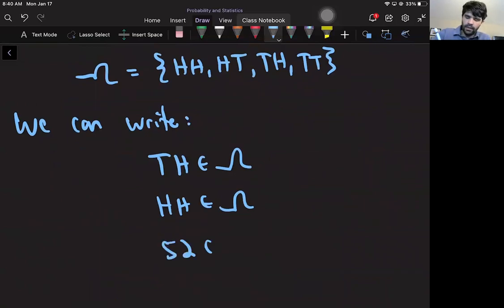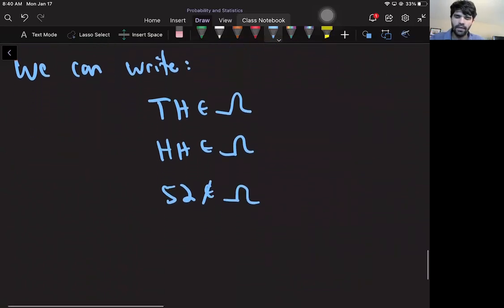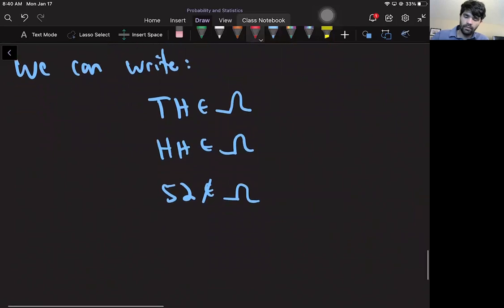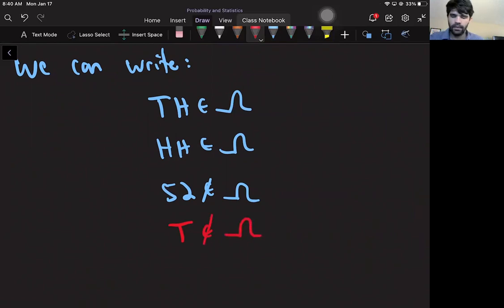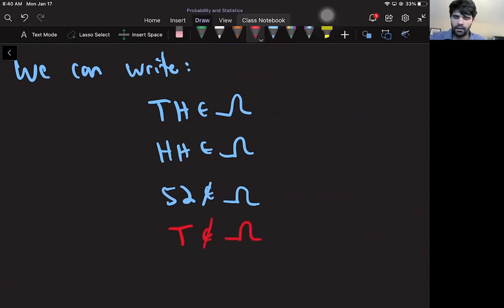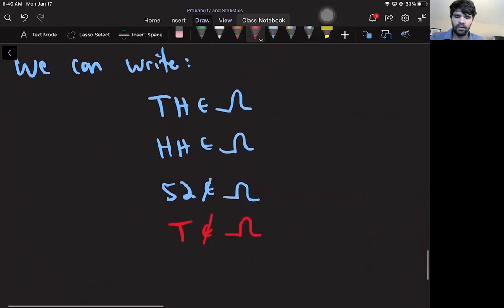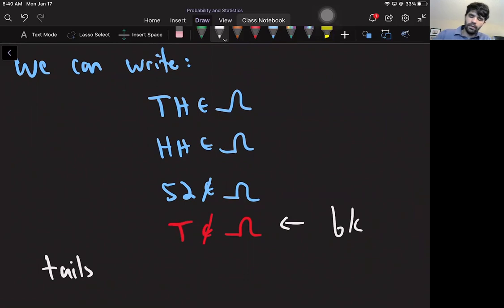I don't know, 52, that's not in there. Right, there's no 52 in there. And then perhaps a trickier one is this. T, just flipping a tails, is not in omega, because omega consists of the outcomes of flipping 2 coins. And so this is definitely good to write because tails is not possible from 1 coin flip.